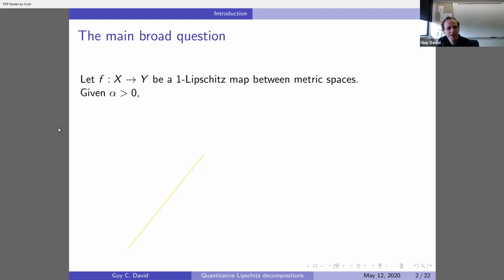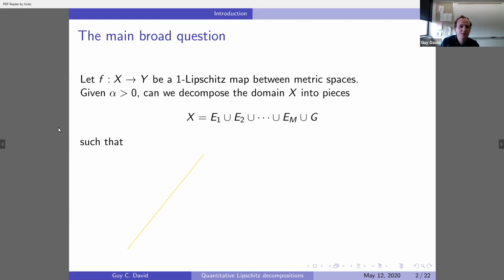And what you would like to do is to decompose the domain of this mapping, the X, into a finite number of pieces, that's this E1, E2, E3, etc., plus an extra set G, which I think of as a kind of garbage or error set.